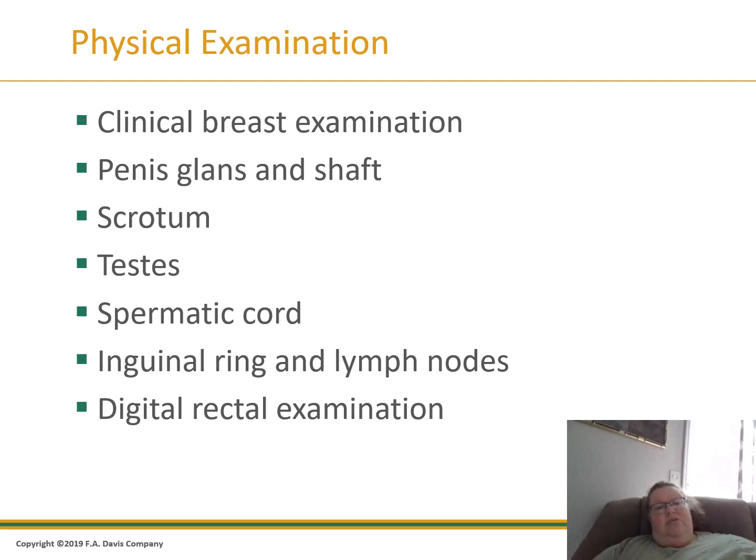You also need to do a clinical breast exam, and we need to look at the penis glands and shaft, the scrotum, the testes. The spermatic cord is not something we could really see unless they put a scope. The inguinal ring and lymph nodes as well, and then a digital rectal exam that checks the prostate.